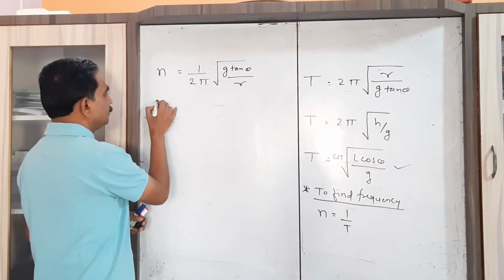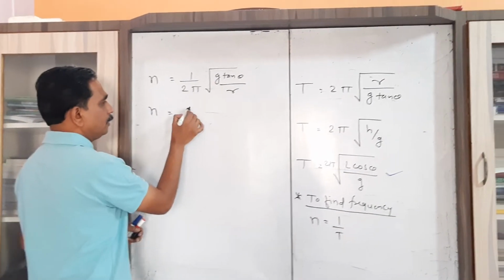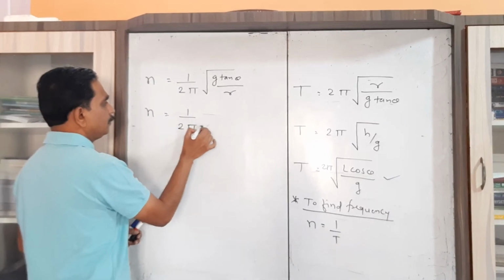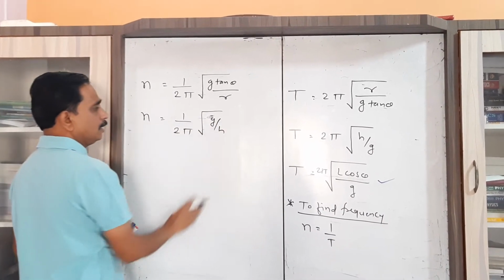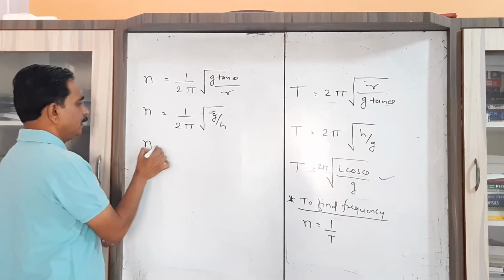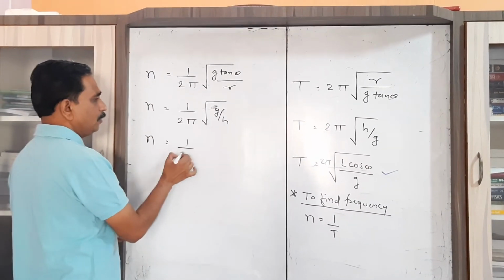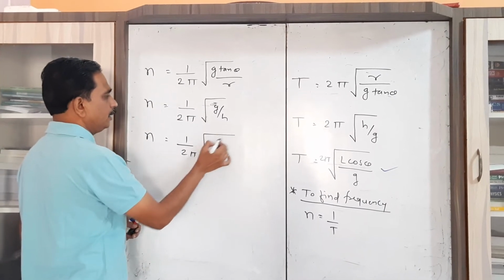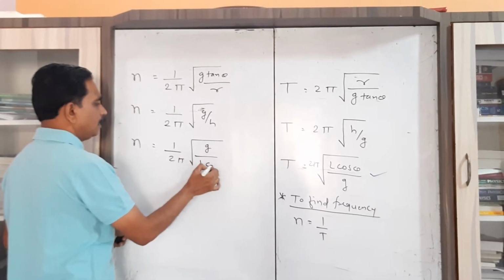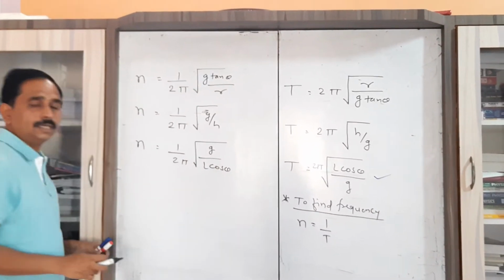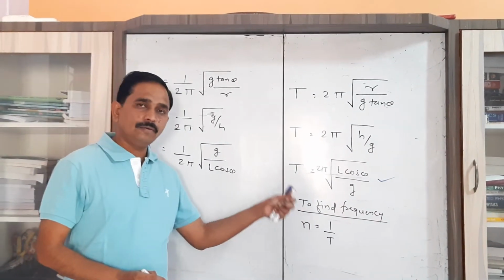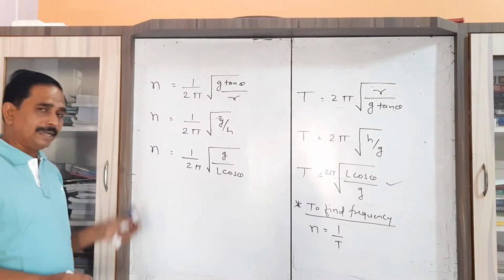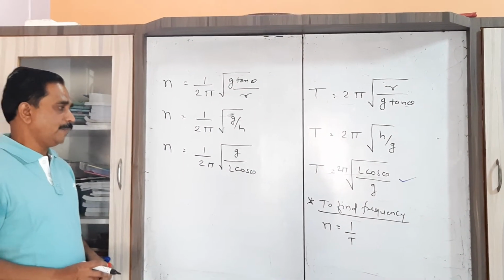If I put the second value, n equal to 1 upon 2 pi under root of g by h. If I put the third value, then n equal to 1 upon 2 pi under root of g upon L cos theta. So these are the three forms of expression for frequency of revolution in case of the conical pendulum.